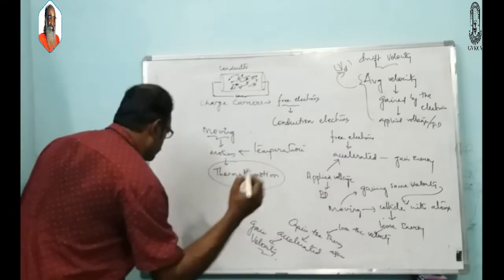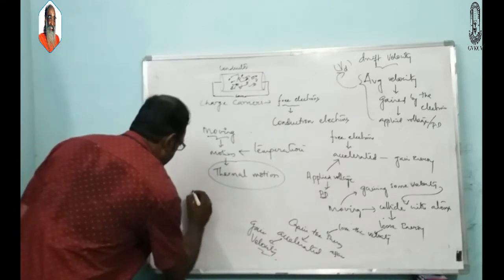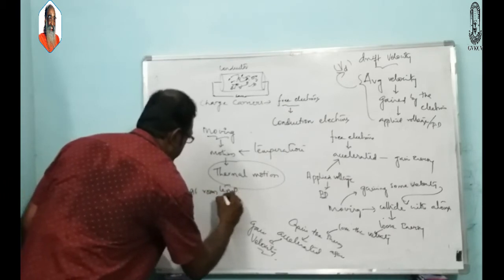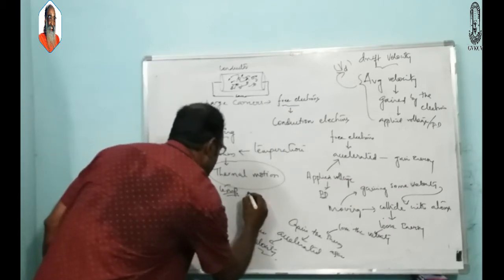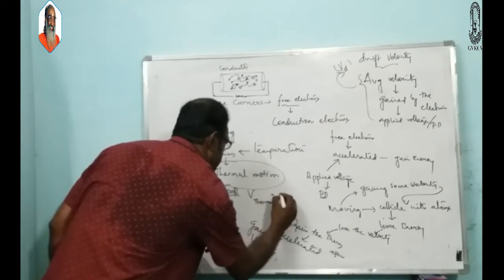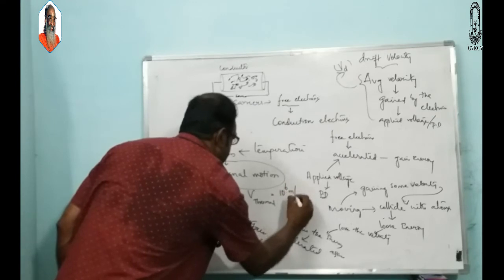One more thing you can keep in mind: at room temperature, the thermal velocity is 10 to the power of 6 meter per second.